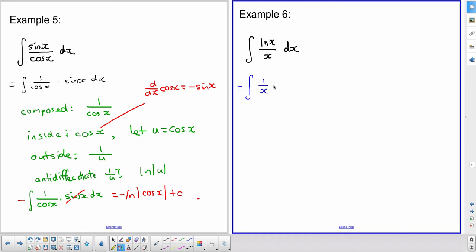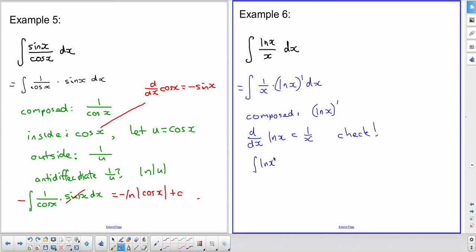In order to make the second part look like a composed function, we've raised it to the power of 1, and the result is to find the function that differentiates to the thing in the integral. So let's see how this works out. The derivative of ln x is 1 over x, which is good, that's the other part of the product.